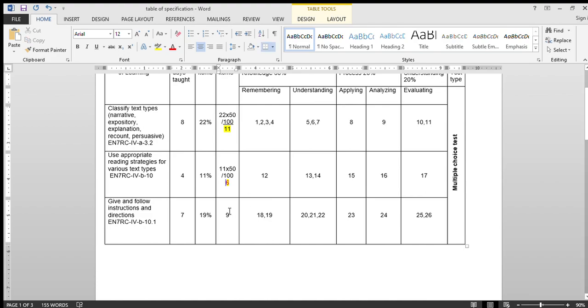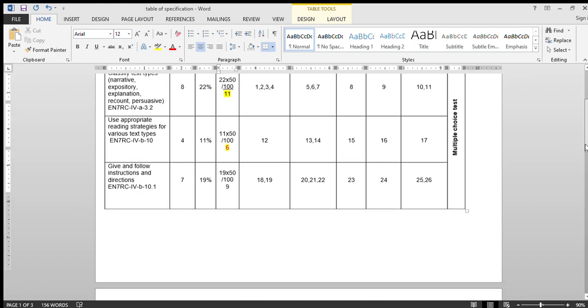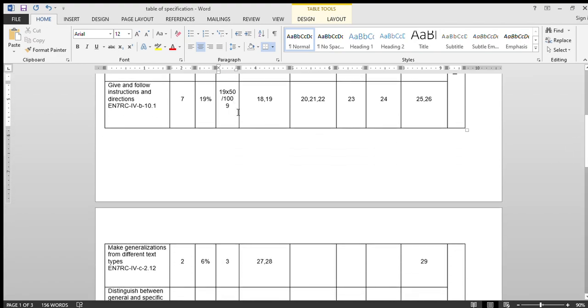Now, same process again for this one. We have 19 percent of items, so we are going to put 19 times 50, then divide by 100, equals 9.